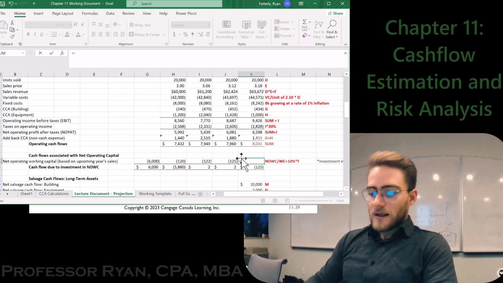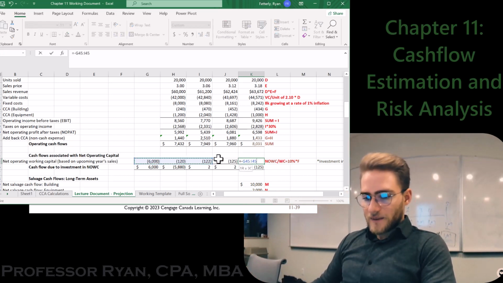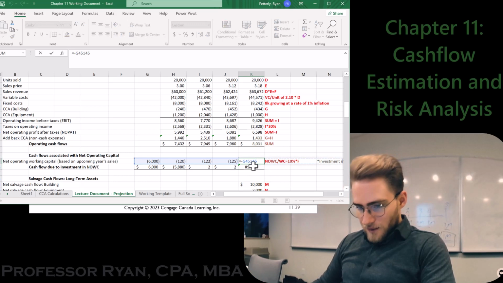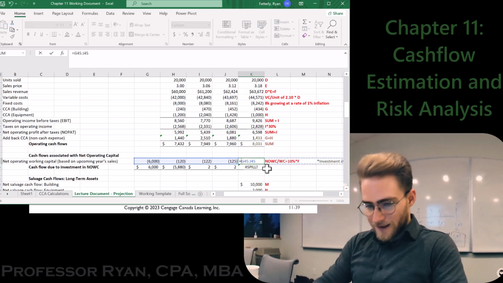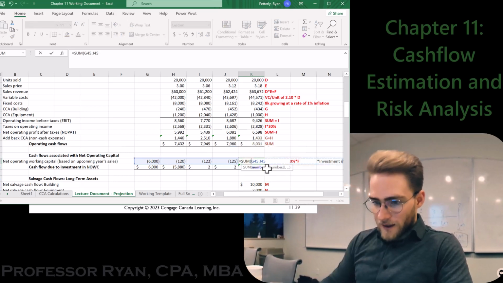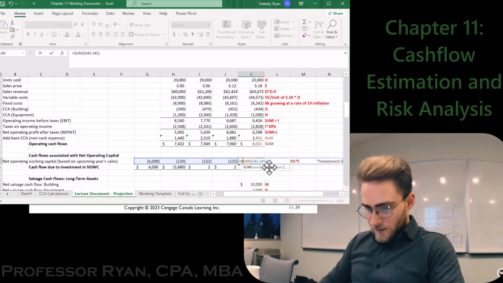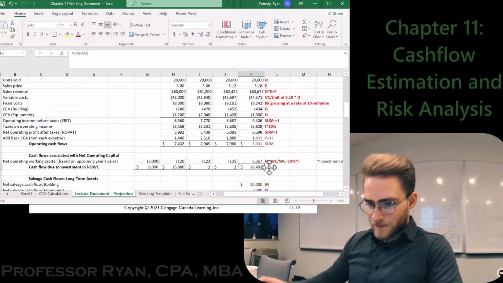So what you do is you just take the total investment that you made in net operating working capital. Equals, oh, that's why, sorry. Muscle memory. Sum. Negative, I forgot to write sum. There.